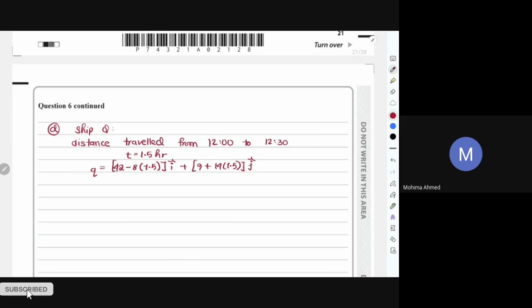So now you just have to calculate them. 42 minus 8 times 1.5, that becomes 42 minus 8. Oh, sorry, I made a mistake. This is 0.5, right? From 12:00 to 12:30, so this is 0.5, sorry. 0.5, 0.5. You get 38i, and then again 9 plus 14 times 0.5, that's actually 16j.